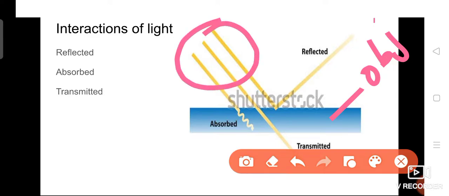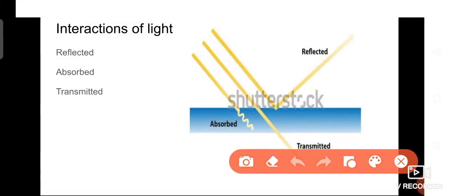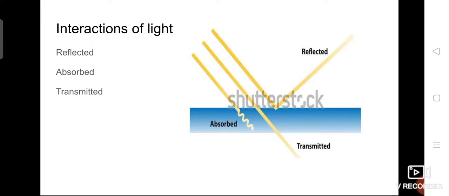The light falling on the object is called incident light. What do you mean by incident light? The light falling on an object is called incident light. So when the light falls on an object, what are the three interactions that are possible?